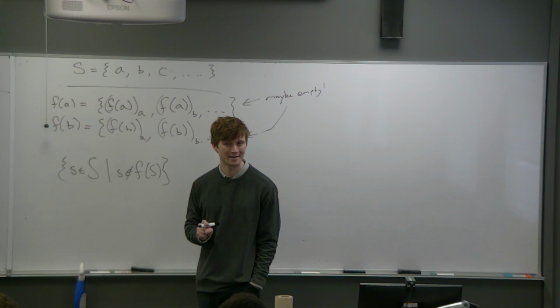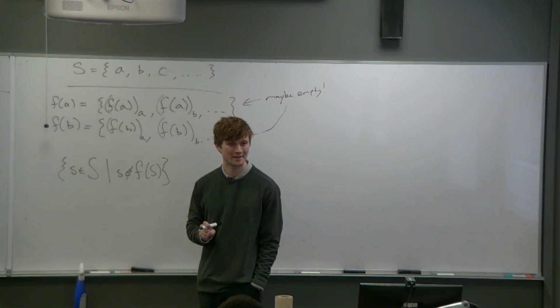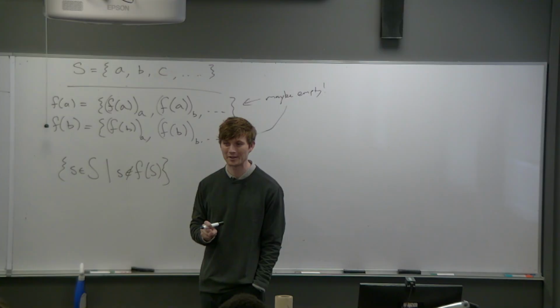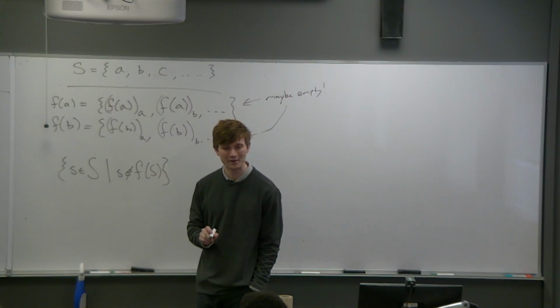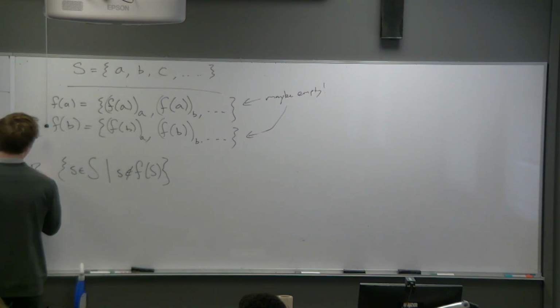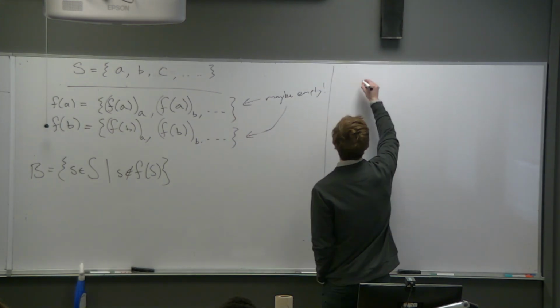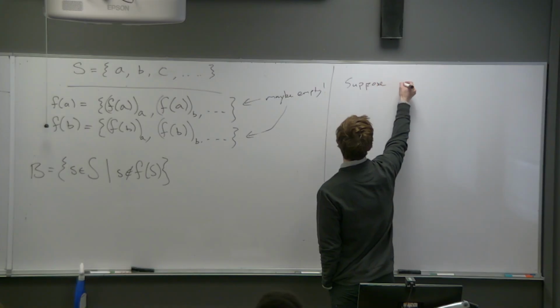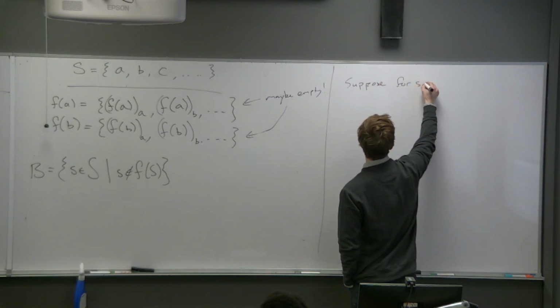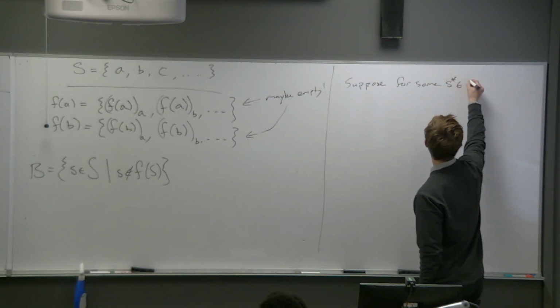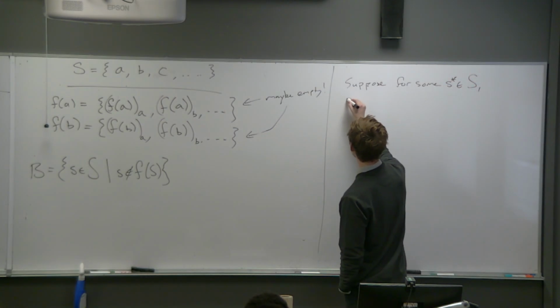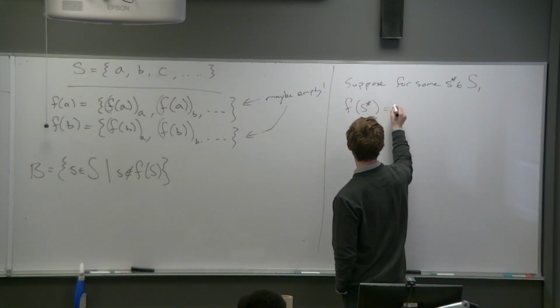Yeah? Could this be equal to any s, or f of s for some s, yeah? No, really it couldn't, right? Let's think about why. Okay, so let's call this b. And over here, let's say, suppose for some s star in S, f of s star is equal to b.